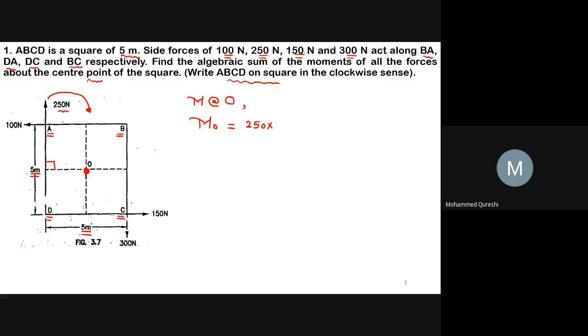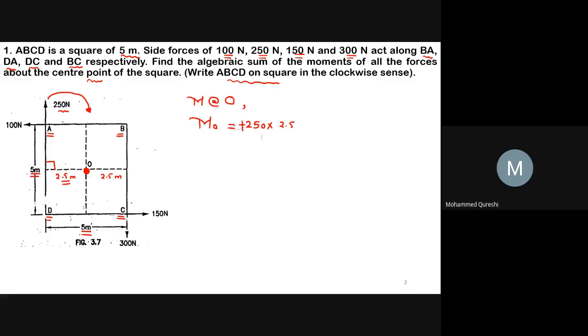So this 250 Newton force is perpendicular over here at point O. So total distance is 5 meter. So this will be your 2.5 meter and this will be your 2.5 meter. As the 250 Newton force is making a perpendicular distance of 2.5 meter with respect to point O, so here 250 into 2.5, and as 250 Newton is in the clockwise direction, hence we will take this as plus sign.